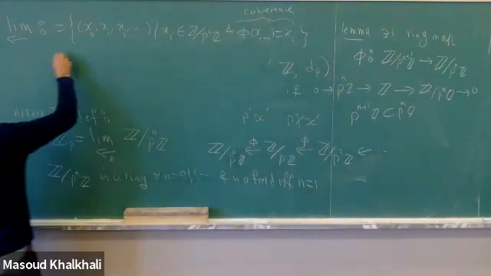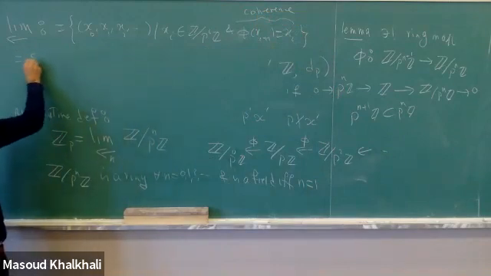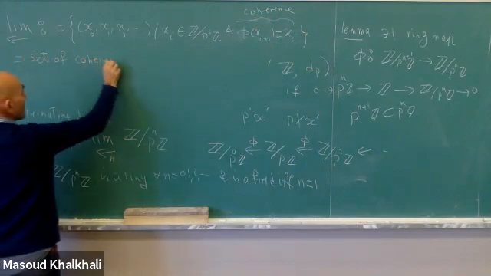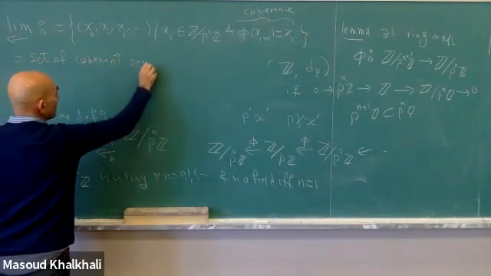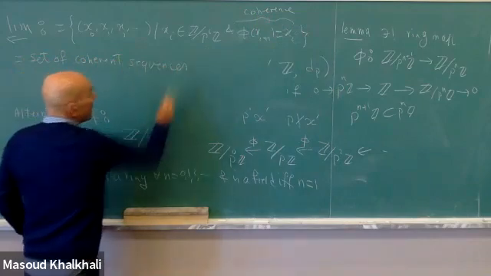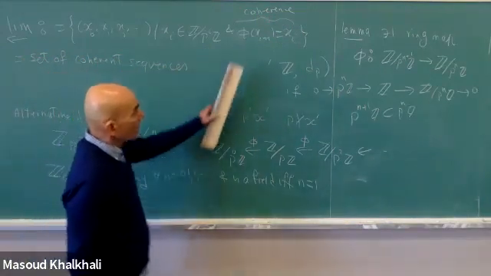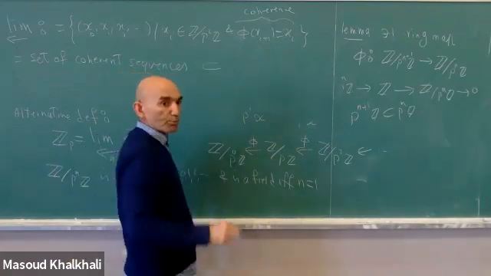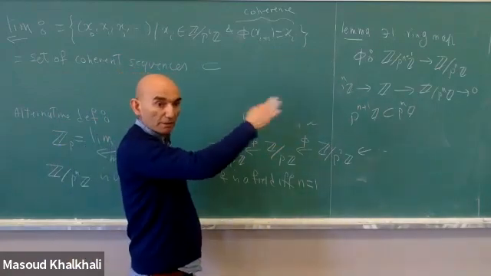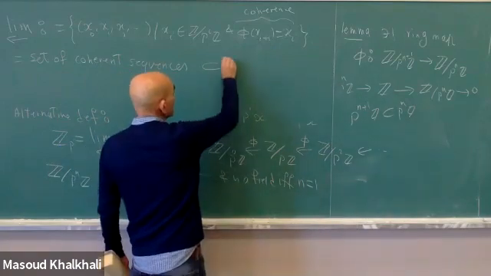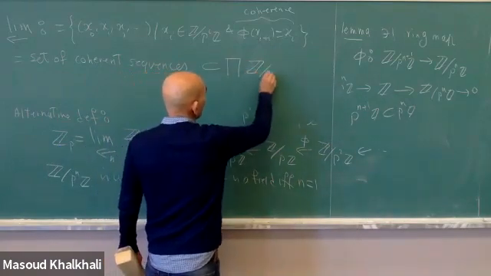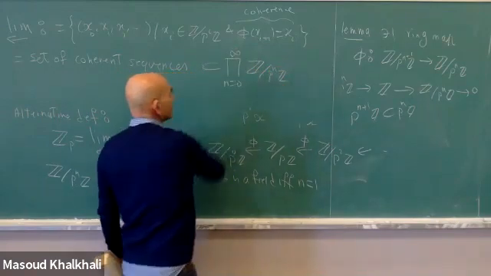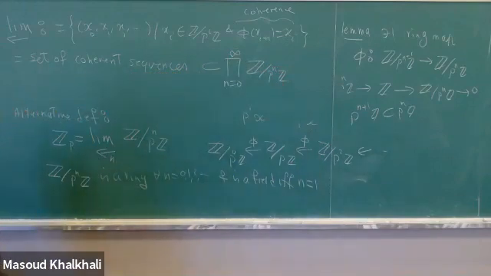We just say this is a set of coherent sequences. Of course, this is just a subset of the product of all these rings, an infinite product of these rings. Very good.